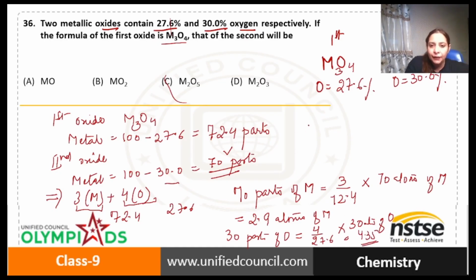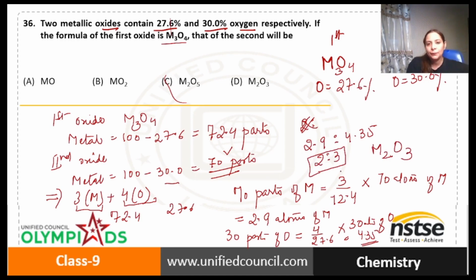If you take the ratio, it comes out to be 2.9 to 4.35, and if you round it off, it comes out to be 2:3. So that means the formula for the second oxide would be M2O3.